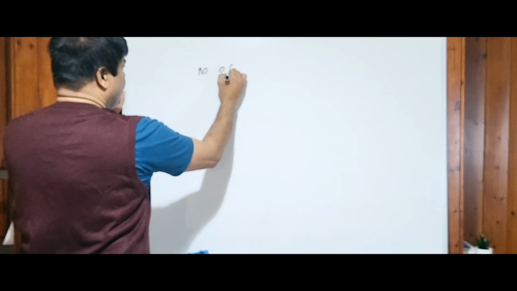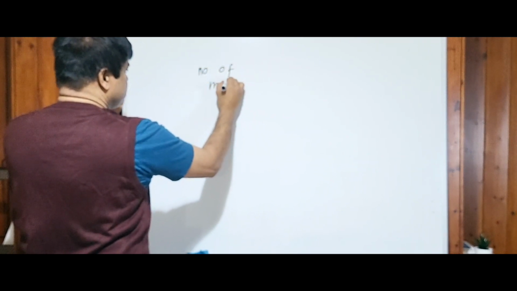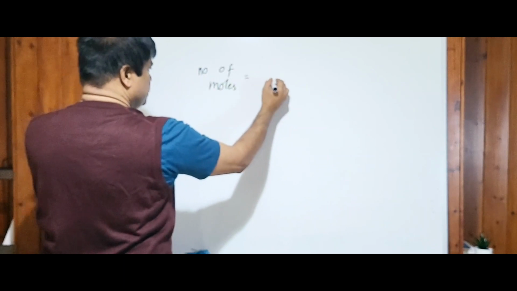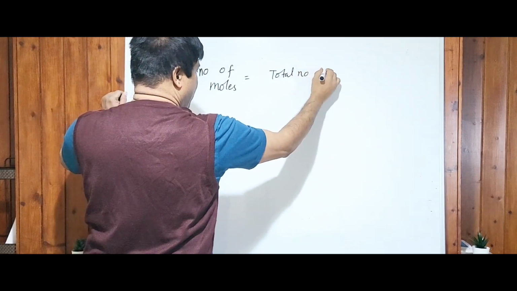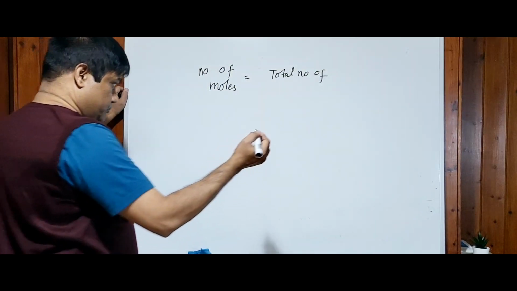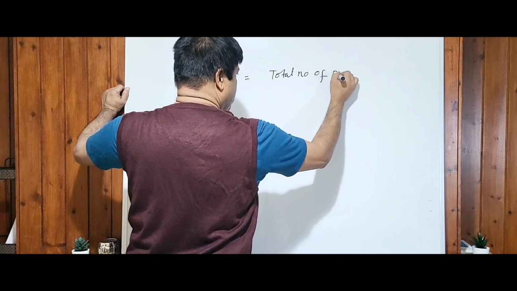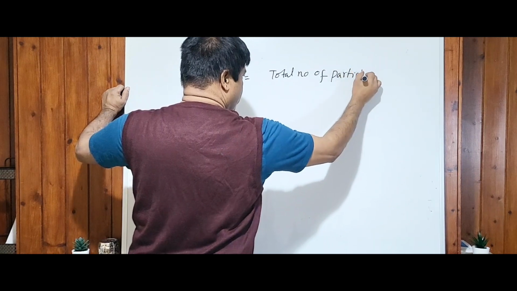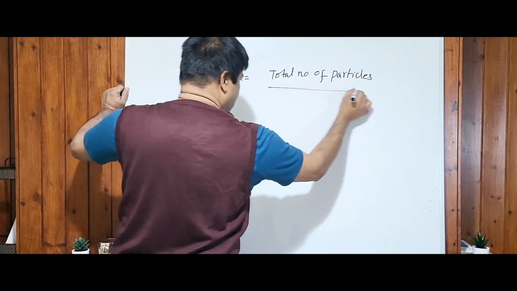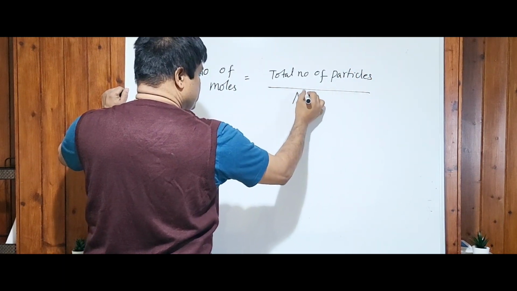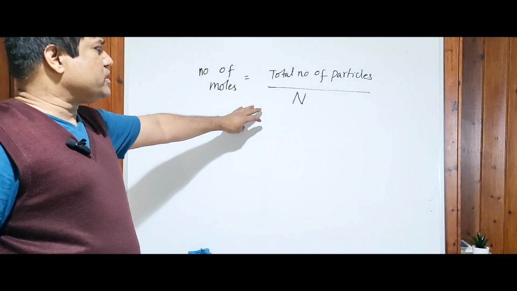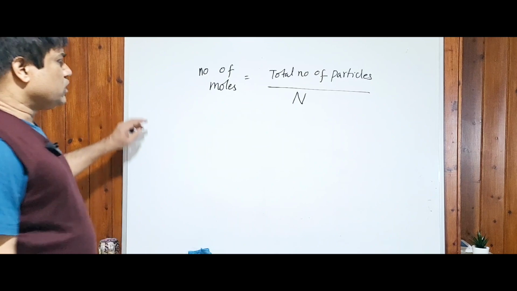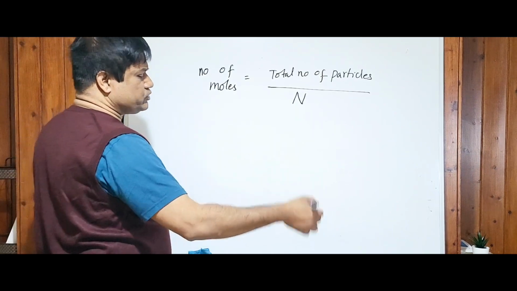Number of moles equals total number of particles or entities divided by Avogadro's number. What are particles? Particles are nothing but molecules, atoms, or ions.